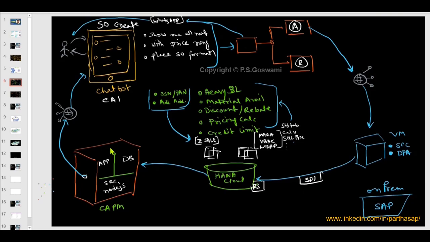So if hundreds of thousands of sales orders come subsequently, it is maybe not very efficient to create or process the sales order immediately in the on-prem system. There could be some other reasons as well, but this is the major reason.